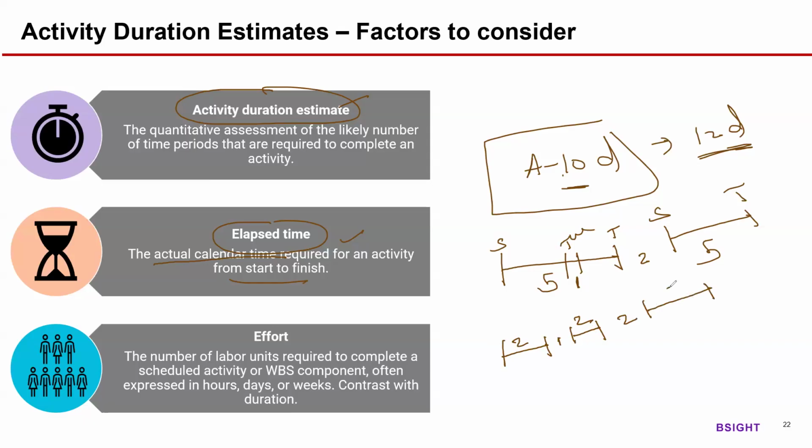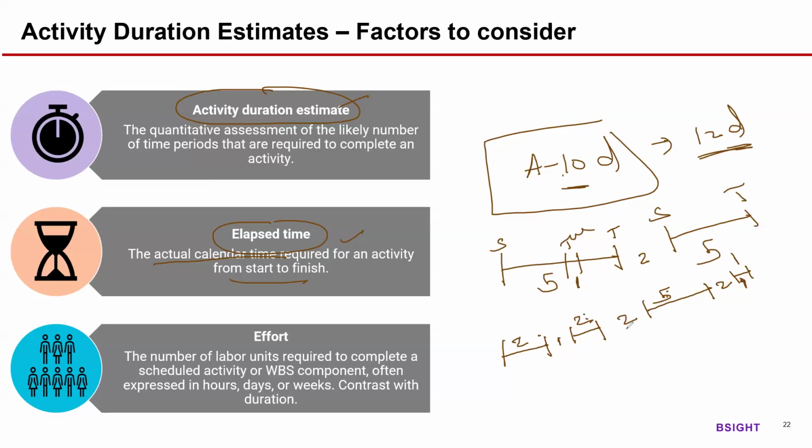Then next week you'll work for 5 days. How many days of work are done? 5 plus 2, 7, plus 2, 9. One more day of work is left, but there is a weekend, so you'll go for the weekend for 2 days. You will come back the following week and finish the work in 1 day in the 3rd week. So 2 plus 2 plus 5 plus 1, 10 days.